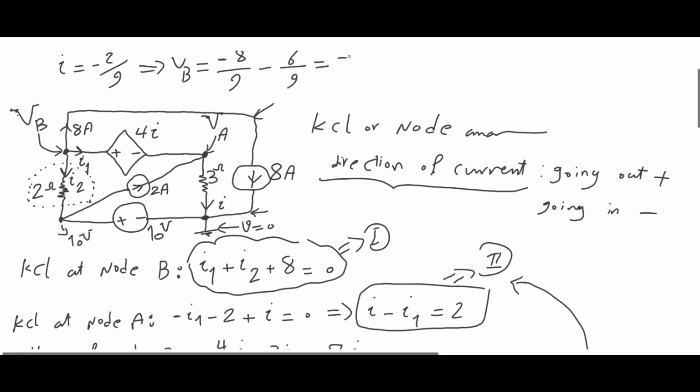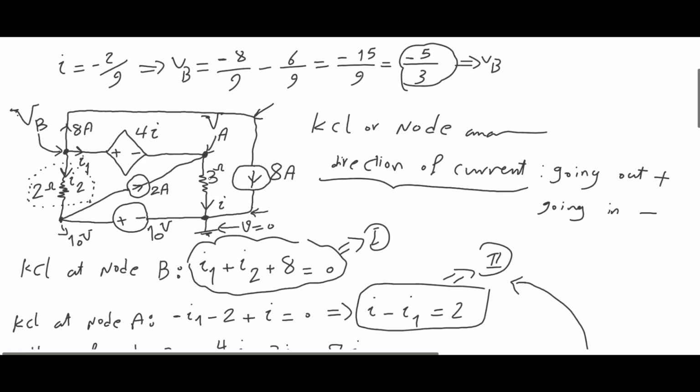That becomes minus 15 over 9. If I just divide them by 3, it becomes minus 5 over 3. That's the voltage of node B.